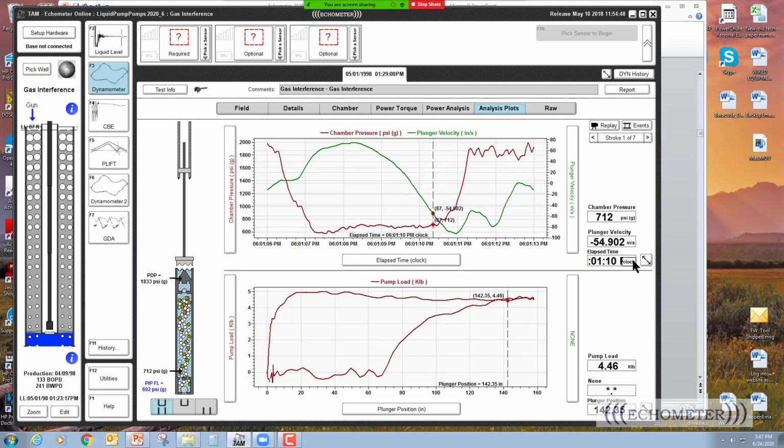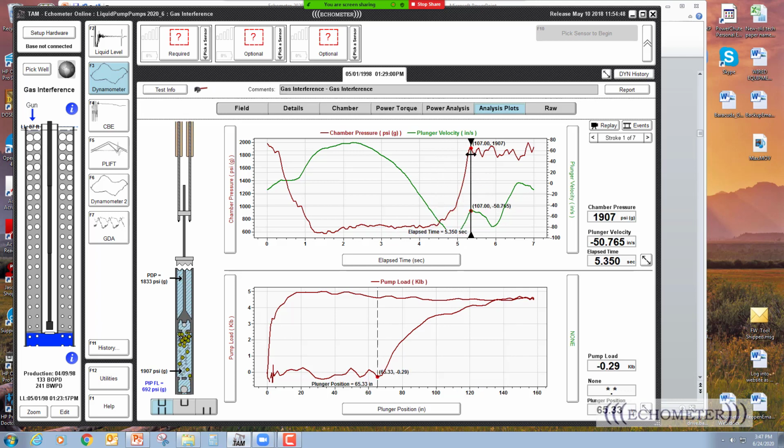Okay, and let's turn it from clock time to seconds. From this point to that point, how long is it? Well, that time is 4.35 seconds, and that time right there is 4.35 to, that's 1 second from here to here. That means that the oil is being compressed for 1 second, and it's not at the discharge pressure.